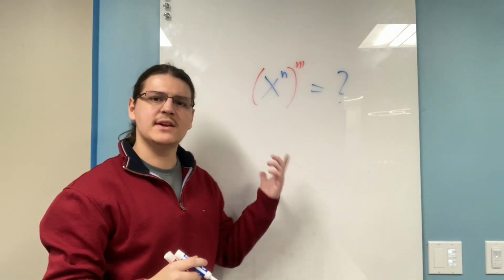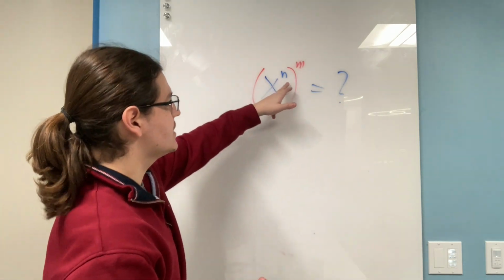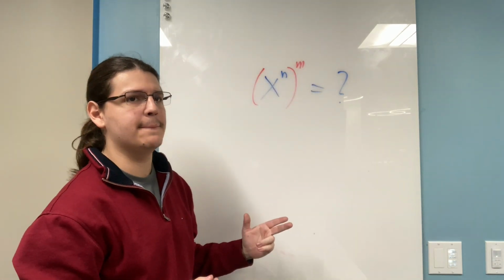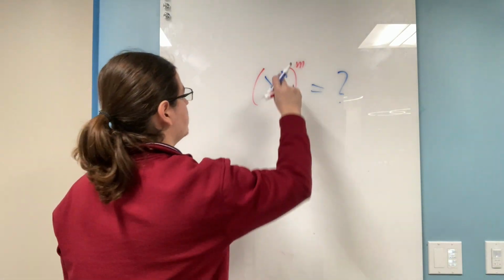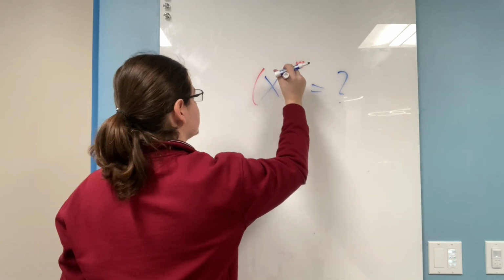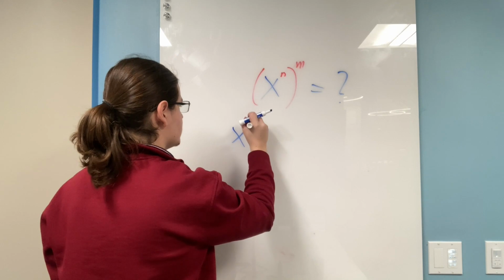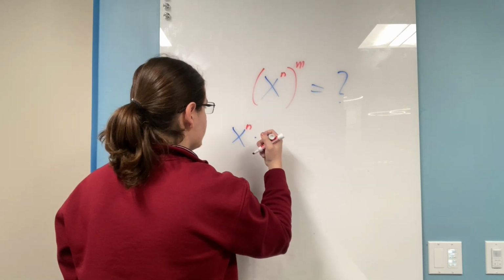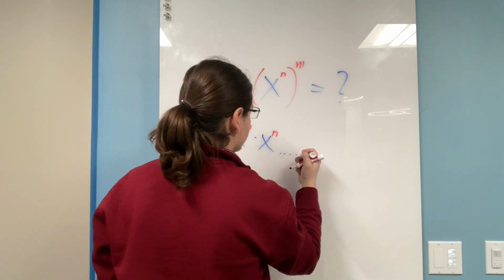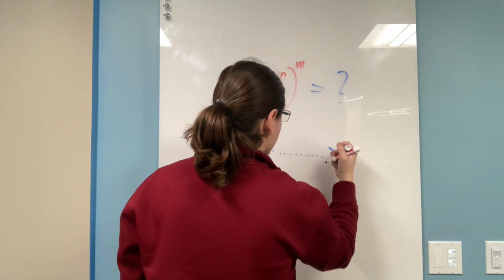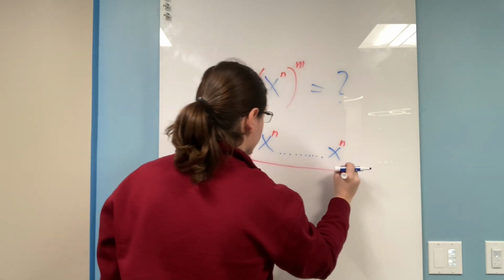Well, let's think about it in a different way, like we did with the other ones. You see, (x^n)^m, that's the same thing as having x^n multiplied by itself m times.